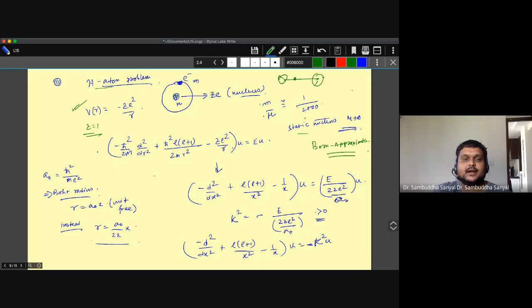So I start with the hydrogen atom radial Schrodinger equation, and the radial part is the only part we have to solve, because the angular part doesn't have a potential, since V(r) is a central potential, a central force. So it doesn't matter what the angular part is.